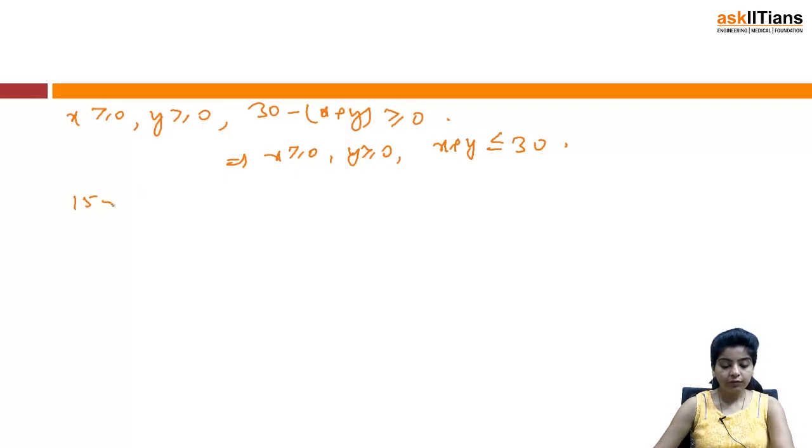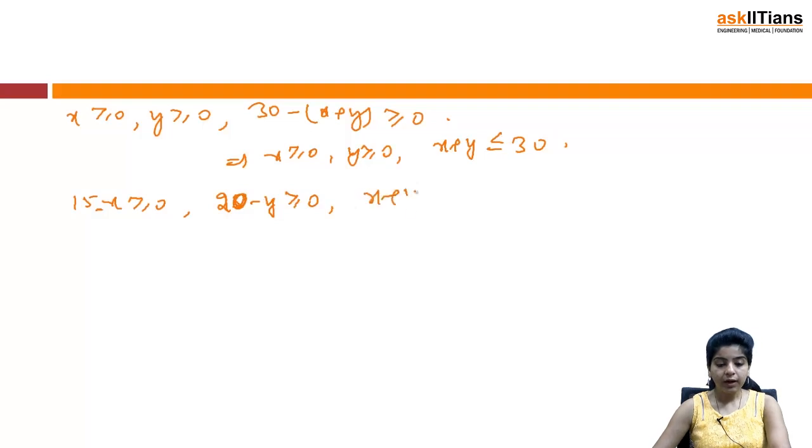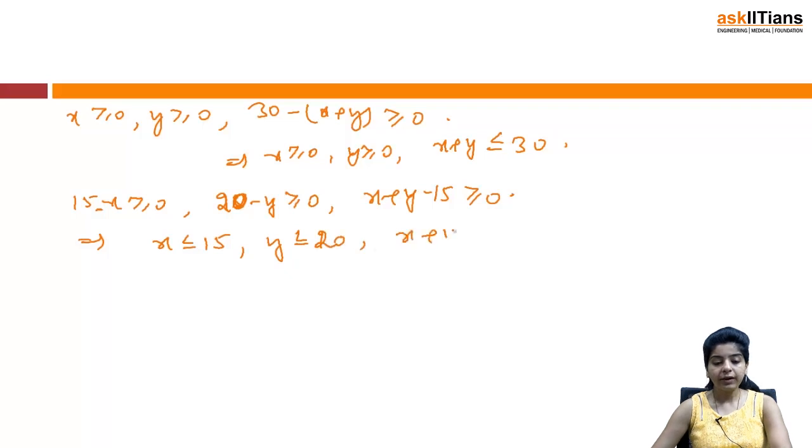Similarly, we will have 15 minus x greater than or equal to 0, 20 minus y greater than or equal to 0, and x plus y minus 15 greater than or equal to 0. So this gives x less than or equal to 15, y less than or equal to 20, and x plus y greater than or equal to 15.